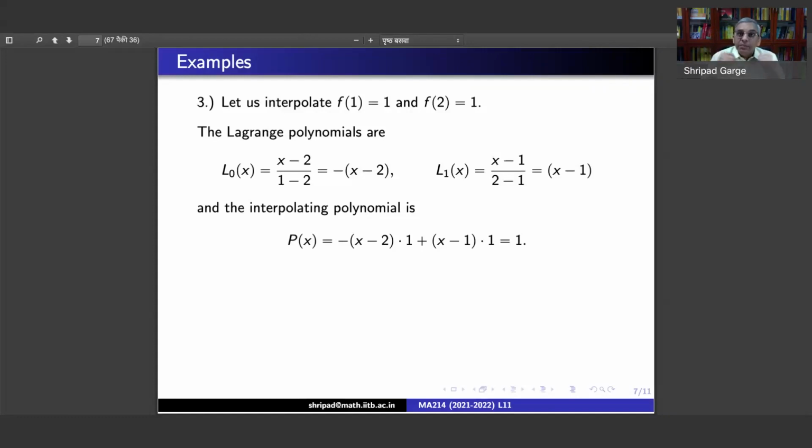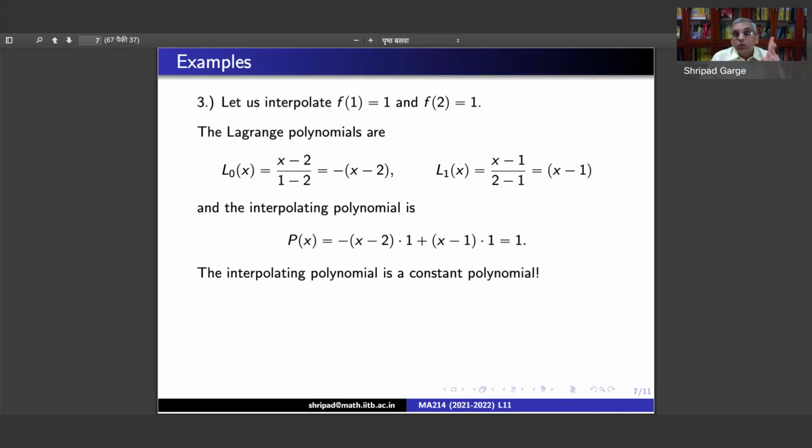If it's a linear polynomial, if it's a line passing through (1, 1) and (2, 1), it has to be the horizontal line y equal to 1. So it has to be the constant polynomial. That much is clear, but indeed our computations also support this intuition.